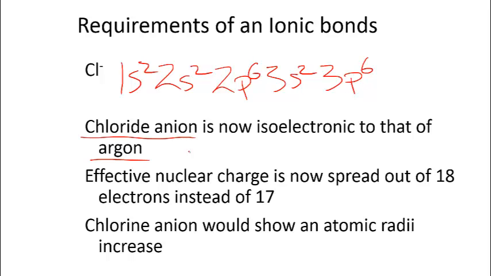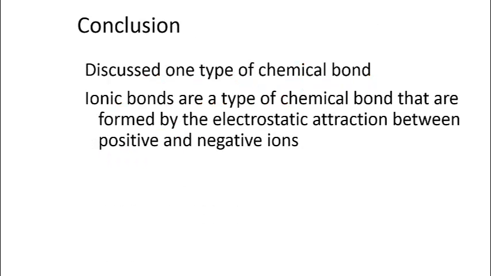So we would say that our chloride anion is slightly larger than a chlorine atom. And generally speaking, a cation's atomic radii is slightly smaller than its corresponding atom, and an anion's atomic radii is slightly larger.